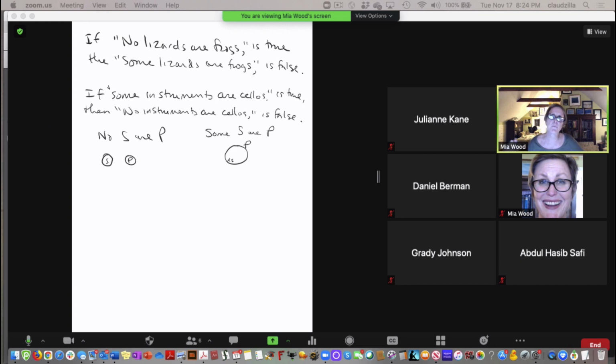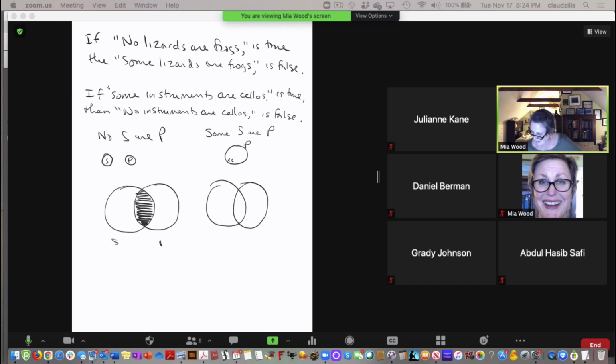Here again, like I mentioned earlier, the diagramming needs to be a bit clearer. So what if instead we work with Venns? No S are P tells us there's no way to have anything in the shaded area.